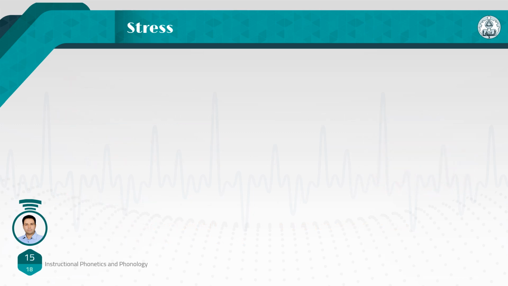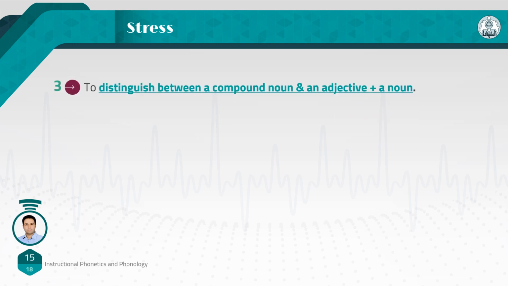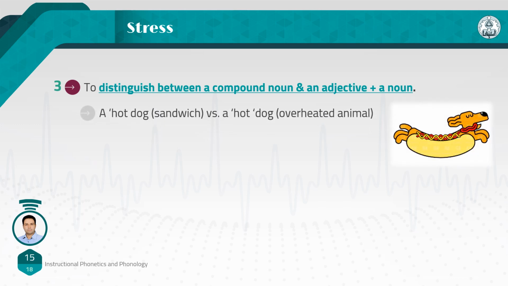Stress also has a syntactic function in distinguishing between a compound noun and an adjective plus a noun. Look at this example. A hot dog, which is a sandwich, versus a hot dog, which means an overheated animal. Another example.